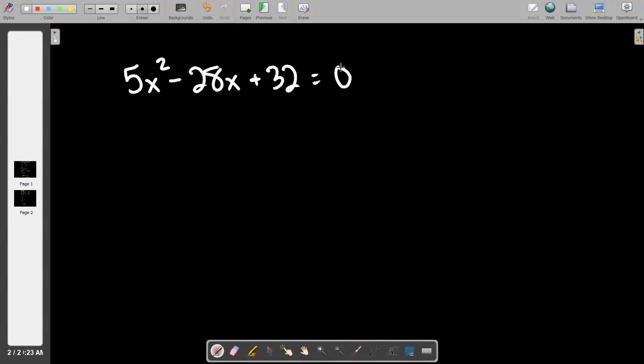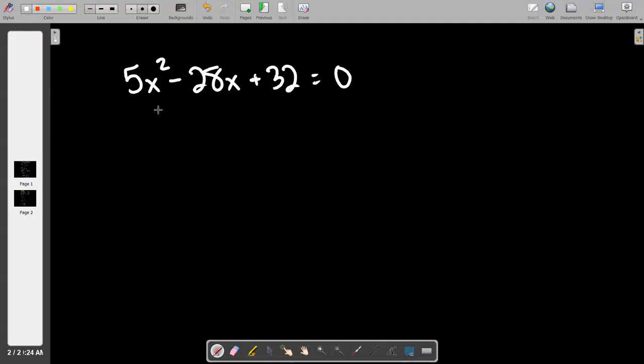So something changed, right? Obviously. There's a number in front of x squared now. That means that the factoring officially gets more difficult. But that's okay. We're going to rely on our fundamentals.